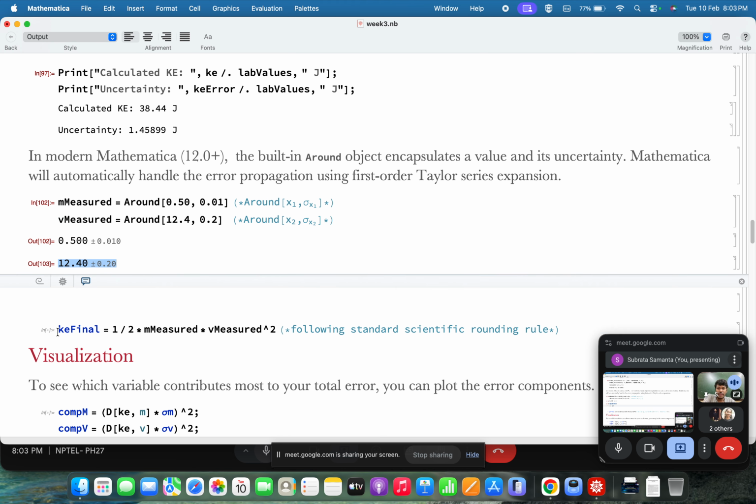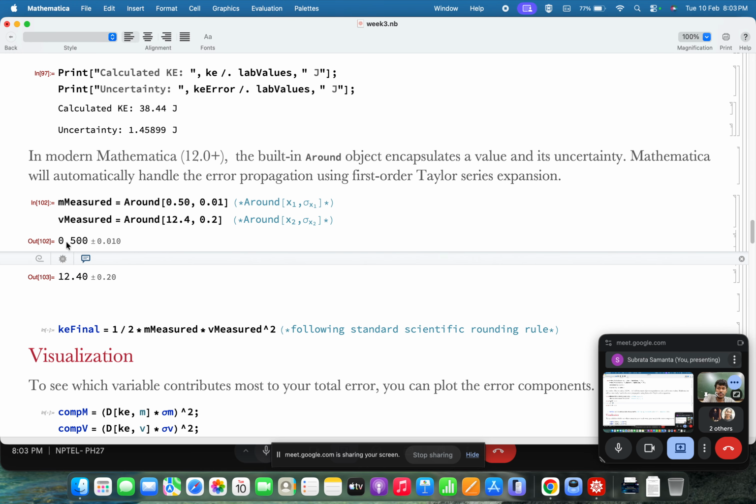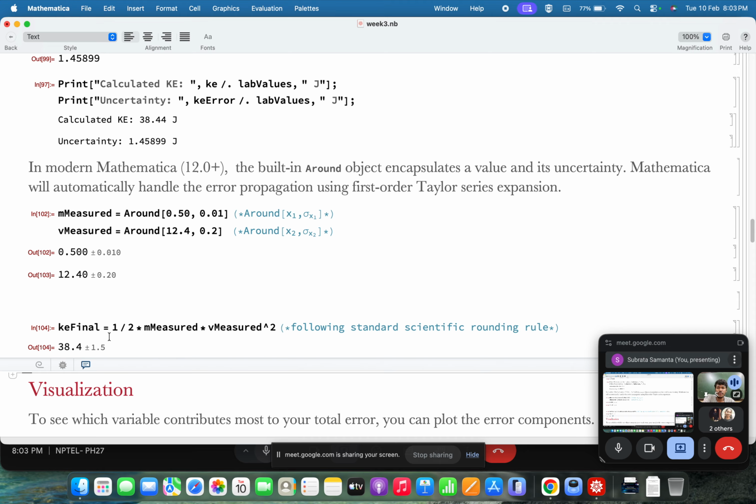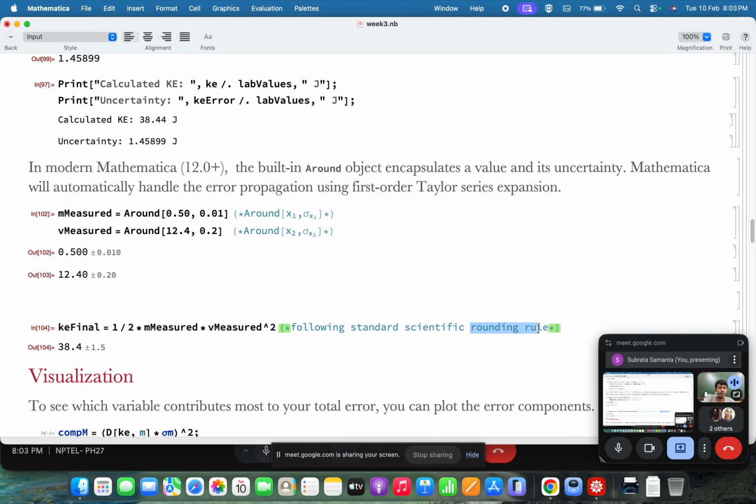Now, I calculate Ke final. That means your x m measure is basically this m plus minus this, and v measure is this plus minus this. If you calculate this, you see 38.4 plus minus 1.5. So, I am rounding off using some rounding rule.